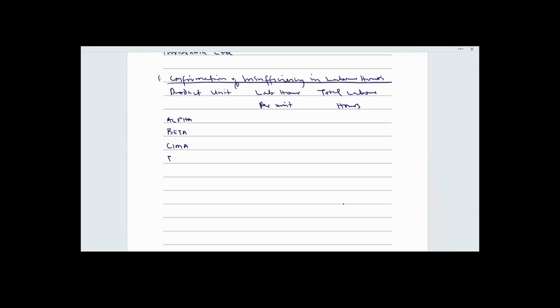So we are going to have total required labor hours, then total available labor hours. So again, we are going to have whether a shortfall or a surplus. Let's keep that one for the last one until we get the answer.